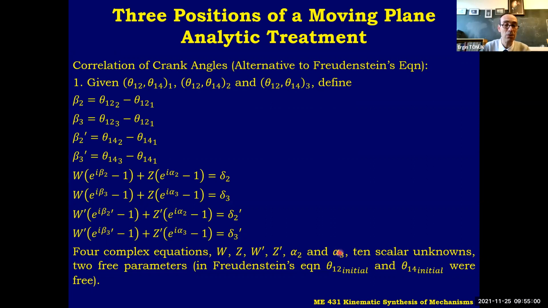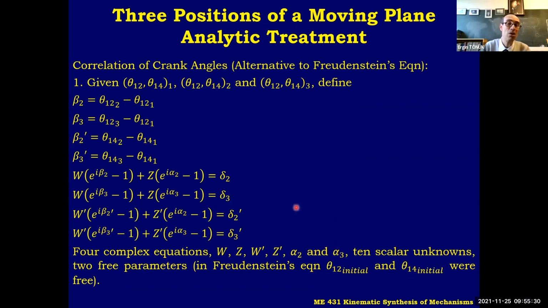Alphas are free parameters. In Freudenstein's equation, we could select the initial positions of the cranks. Here, we have alphas as the free parameters. So still, we have 2 free parameters rather than those two.